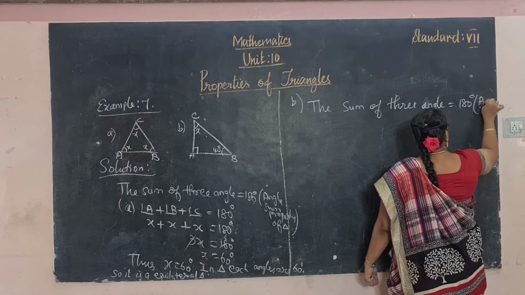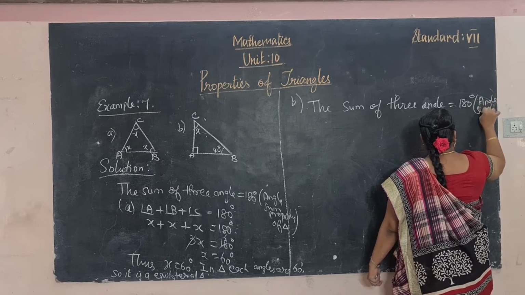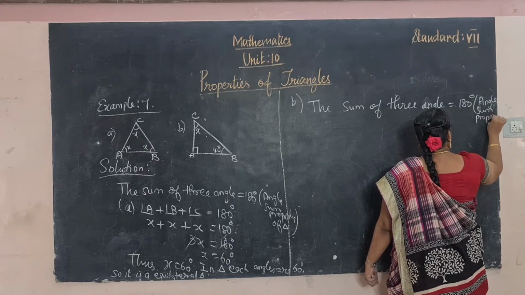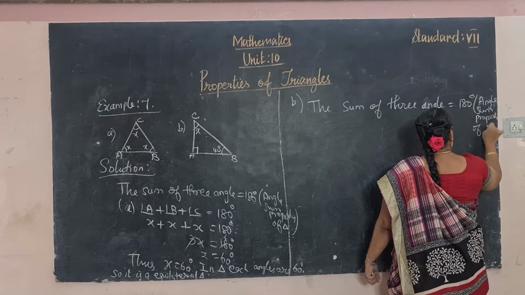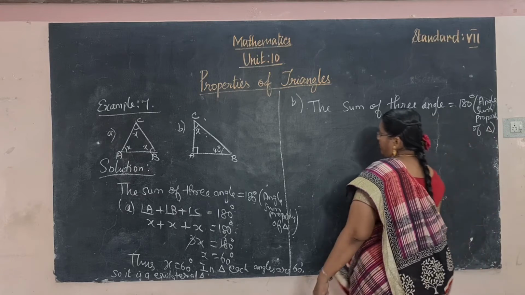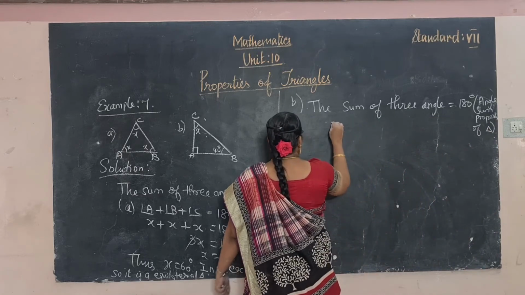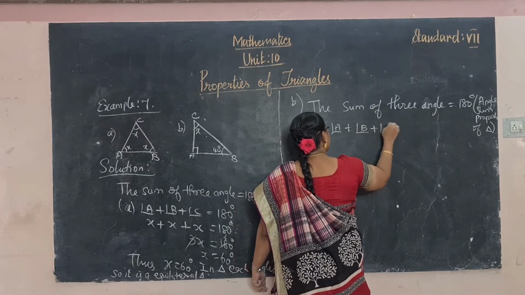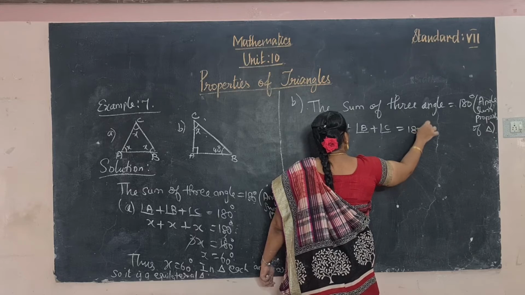Which property? Angle sum property of a triangle. So angle A plus angle B plus angle C is equal to 180 degrees.